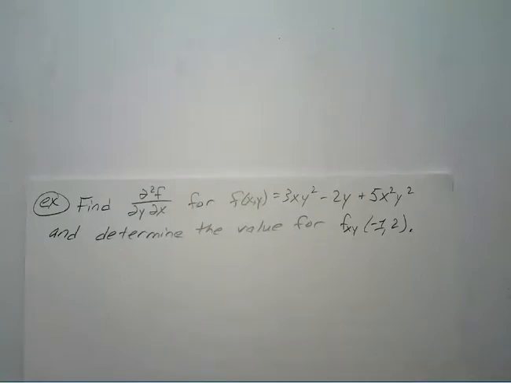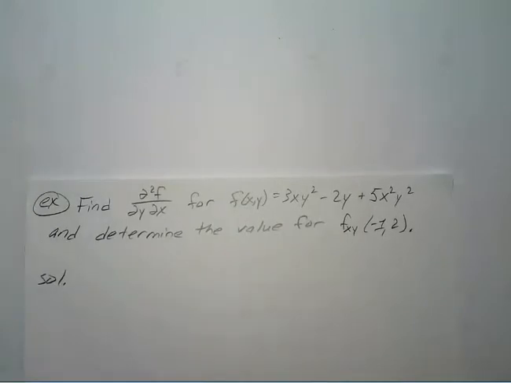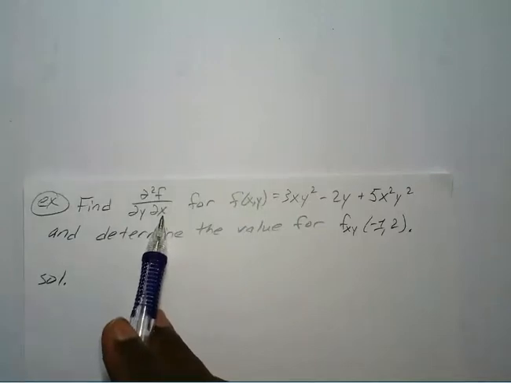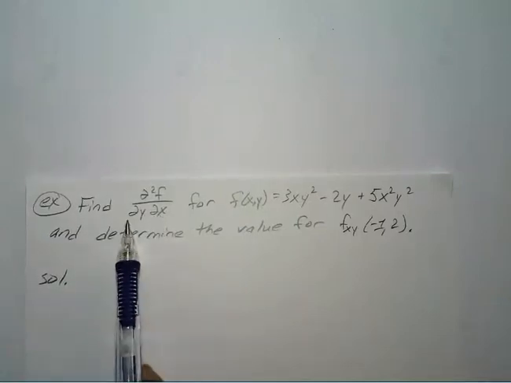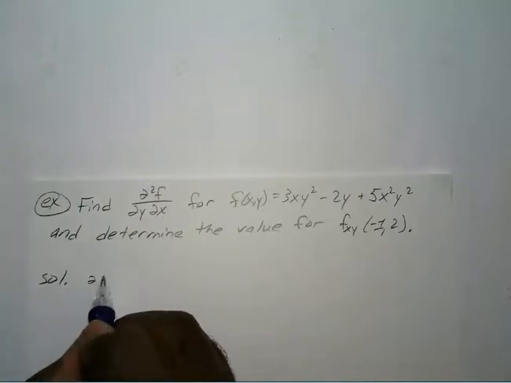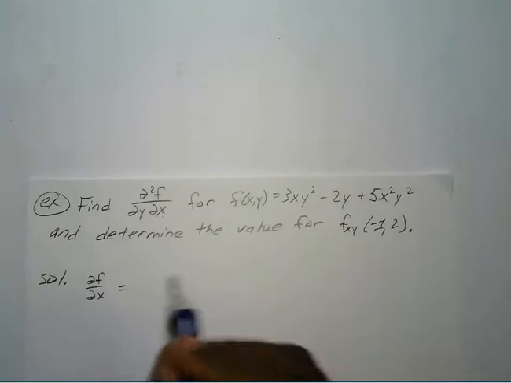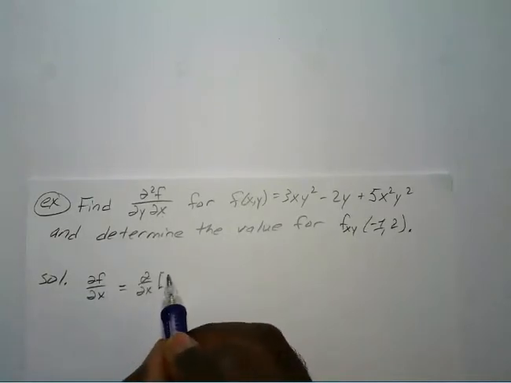All right. So to solve this, the first thing you have to do is find our partial with respect to x, because remember, in this form, you go from right to left. So the partial of f with respect to x is equal to the partial with respect to x of 3xy squared.